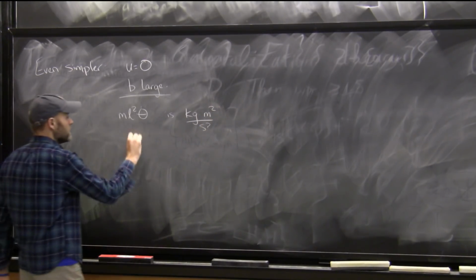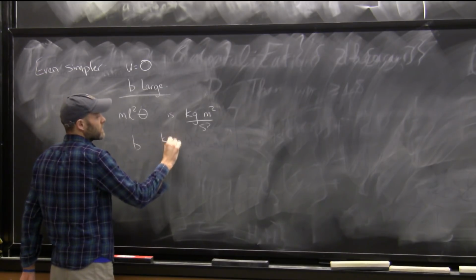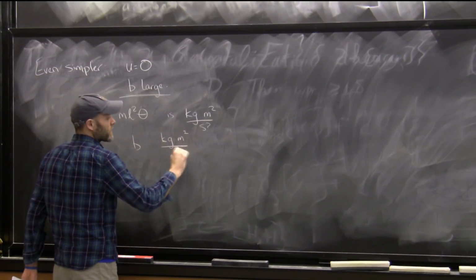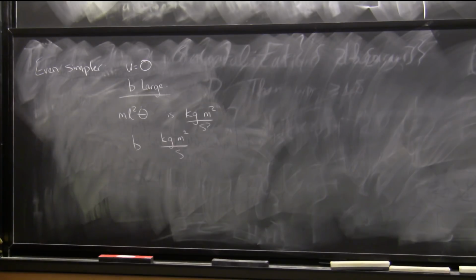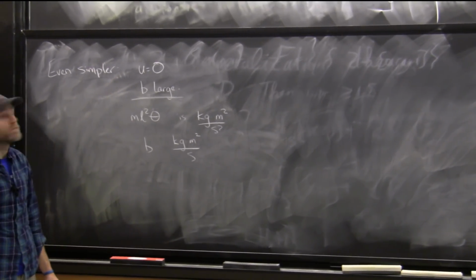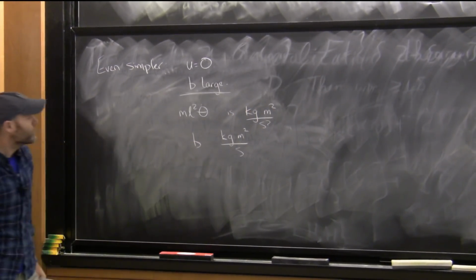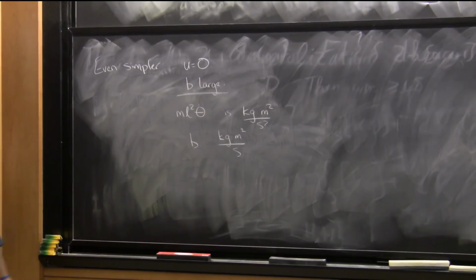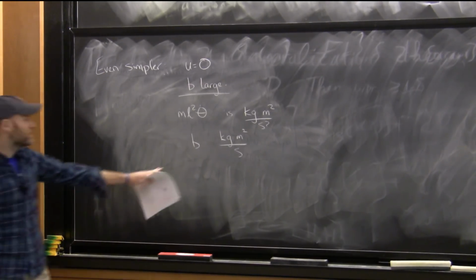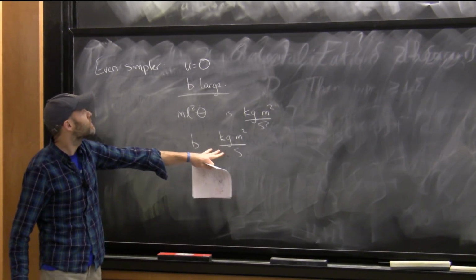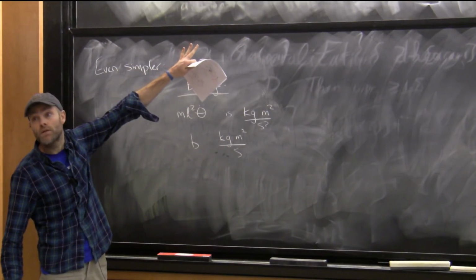So B has units kilograms meters squared per second, because it's being multiplied by theta dot, which is 1 over second, right? So when I say B is large, if I just say it in terms of this number, that actually doesn't really tell me anything about the behavior of that equation.